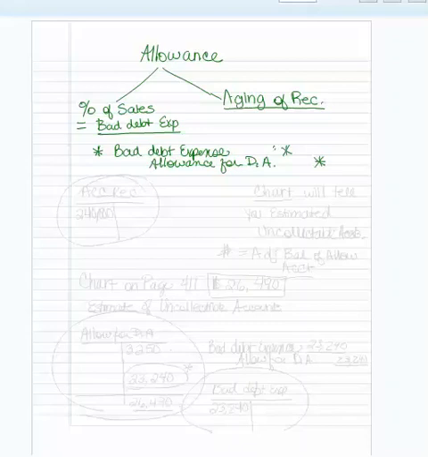Either one. Okay. So here, aging of accounts receivable, you're going to look at how long the debt has been outstanding, okay? So here's what I want you to write down first. You're going to use a chart, and the chart will tell you the estimated uncollectible accounts.